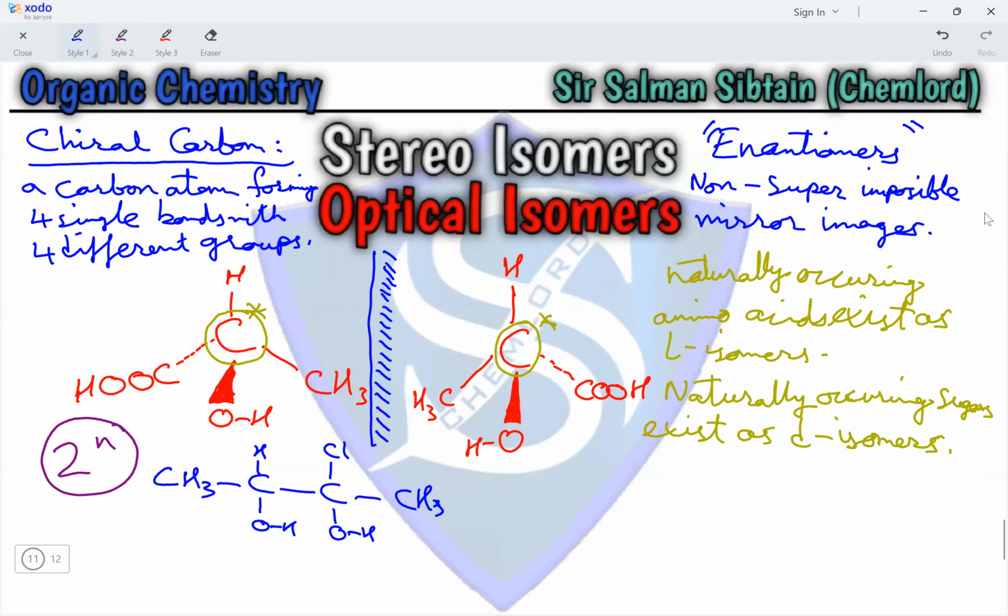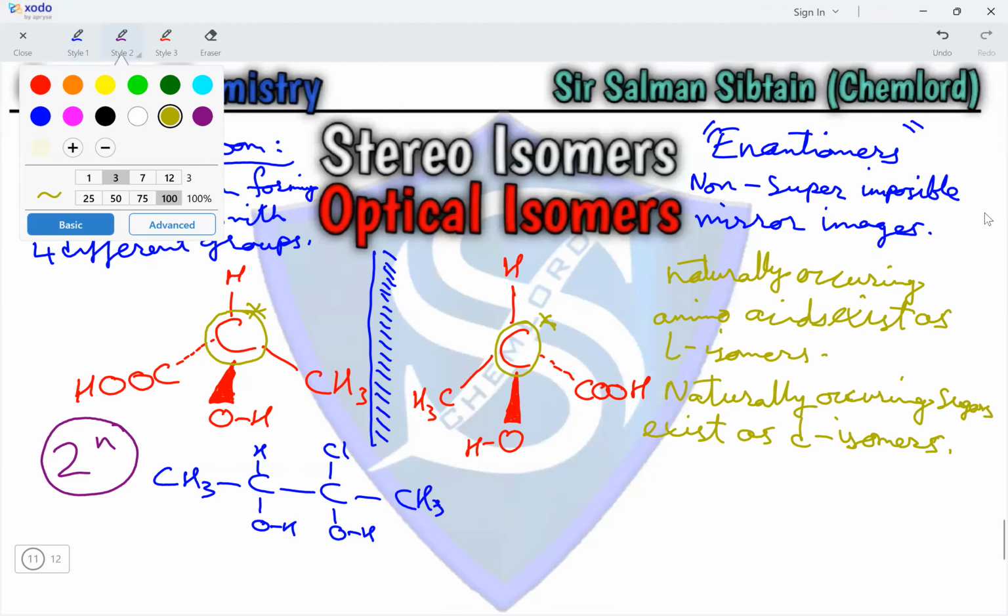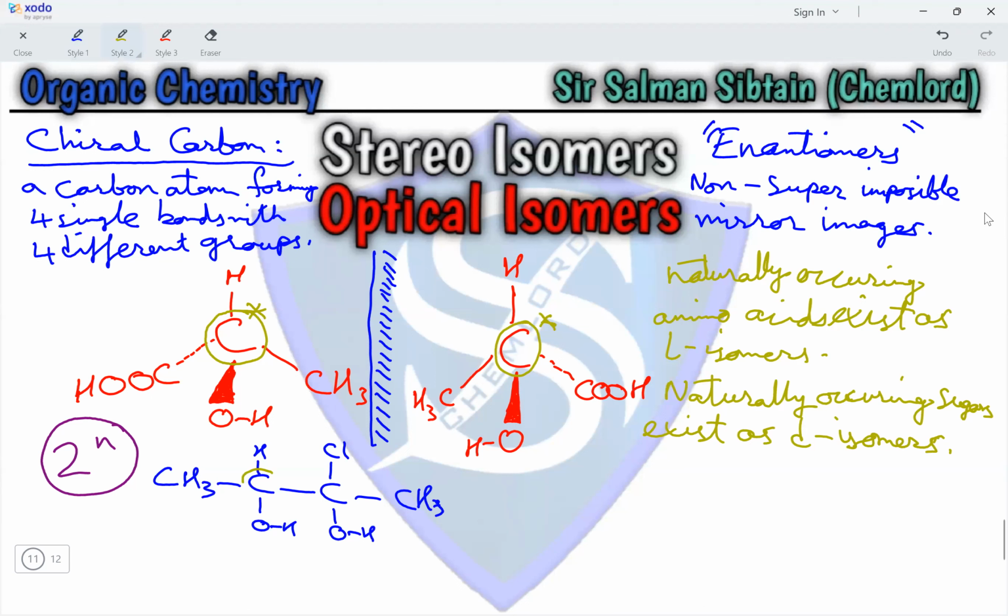So in this molecule, we can identify two chiral centers because this carbon atom has a hydrogen, an OH, a CH3, and on the right it has got a carbon with a chlorine, a hydroxide, and a CH3 group attached to it. So this is a chiral carbon atom. And with respect to the carbon atom with chlorine on it, this is also chiral carbon because it has got a chlorine, an OH, and a CH3 on three sides, and a CHOH CH3 on its fourth side.